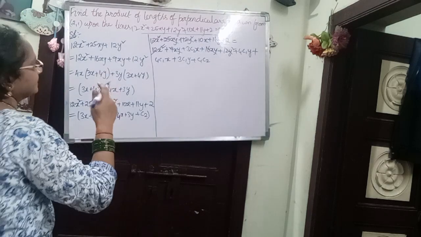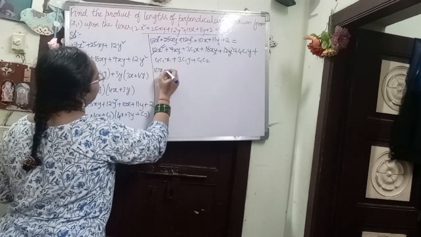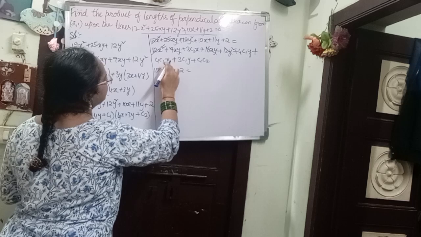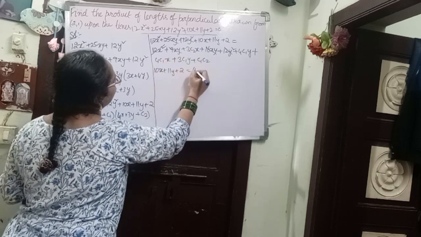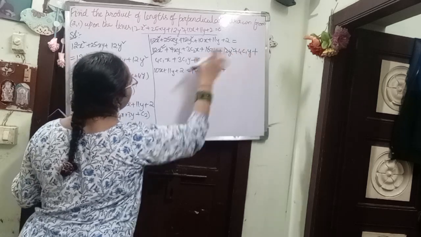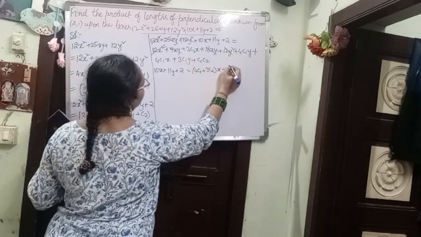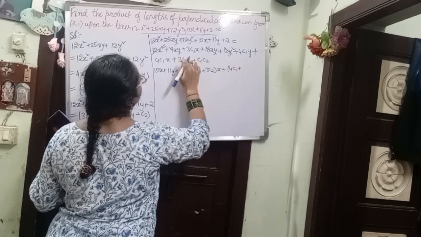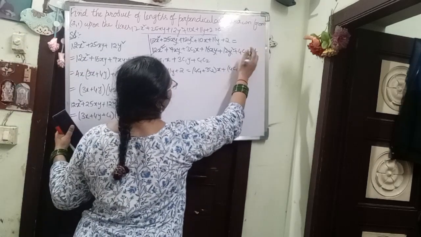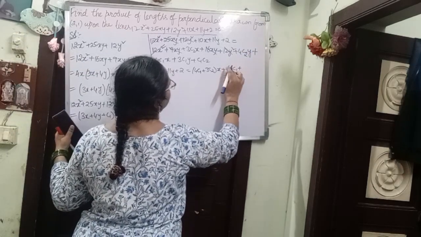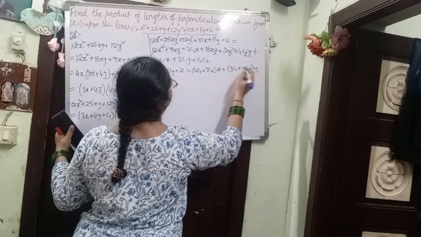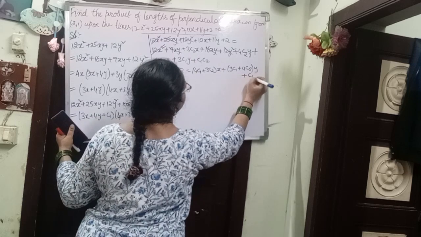Next, what is left? 10x plus 11y plus 2 equals, this is an x term and this is an x term, so take x common: 4c1 plus 3c2 into x plus, this is a y term and this is a y term, take y common: 3c1 plus 4c2 into y plus c1c2.